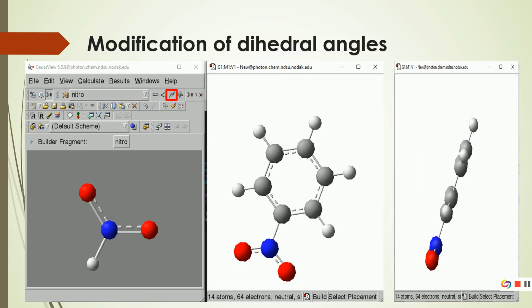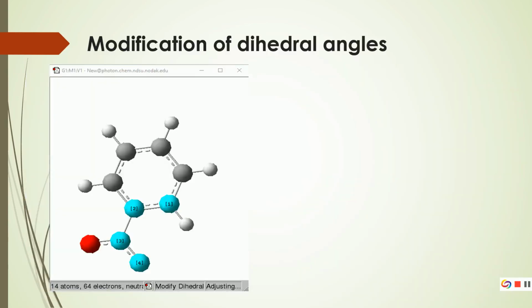This is just to show that all the atoms are in the same plane. So I choose 4 atoms. For dihedral, you have to choose 4 atoms. You see, numbers 2 and 3 are common, so for numbers 1 and 4, these two planes you can move with respect to 2 and 3.